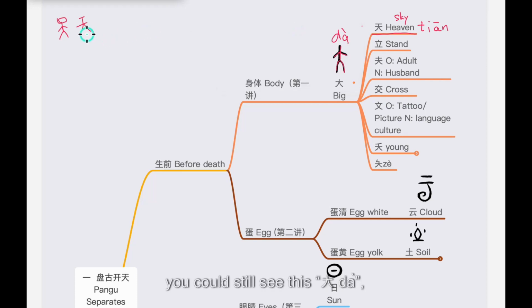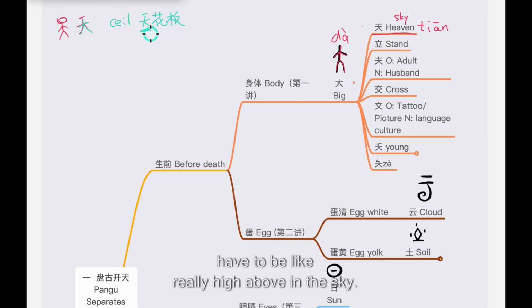You can still see this da, this person standing, and on top, one horizontal stroke means this area above a person called 天. Chinese ceiling is called 天花板. So 天 doesn't have to be really high above in the sky. Just the area above your head is called 天.